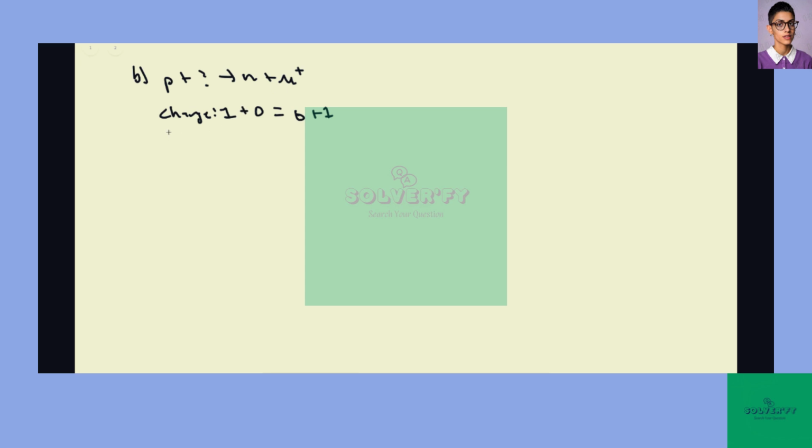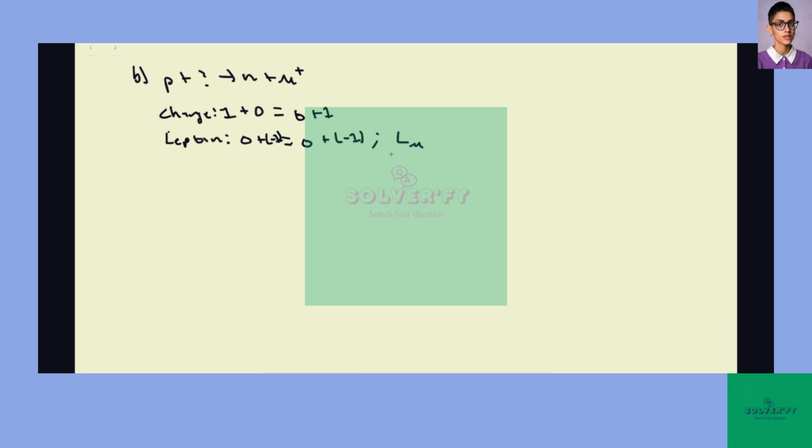So now let's look at the lepton number. So we have 0 for a proton plus some unknown is equal to 0 plus minus 1 because the muon, it's an anti-muon. So it has to have a minus 1 mu lepton number. So this also has to be minus 1. And it has to be a mu lepton number.